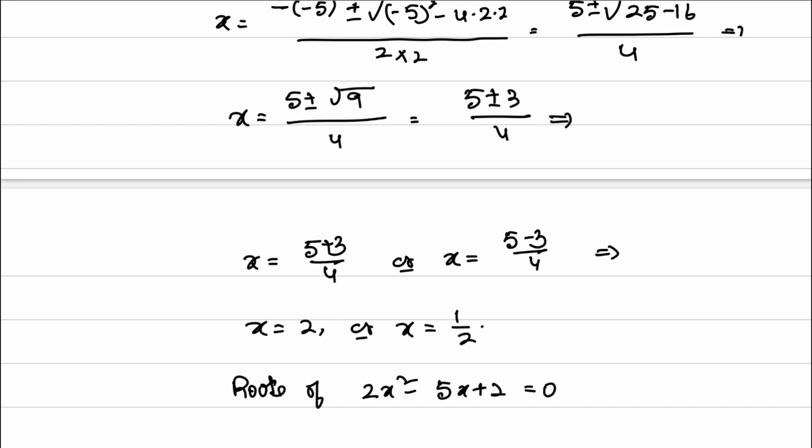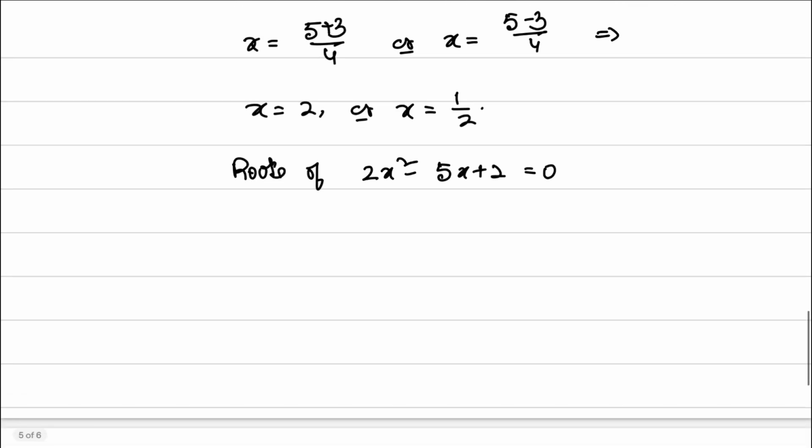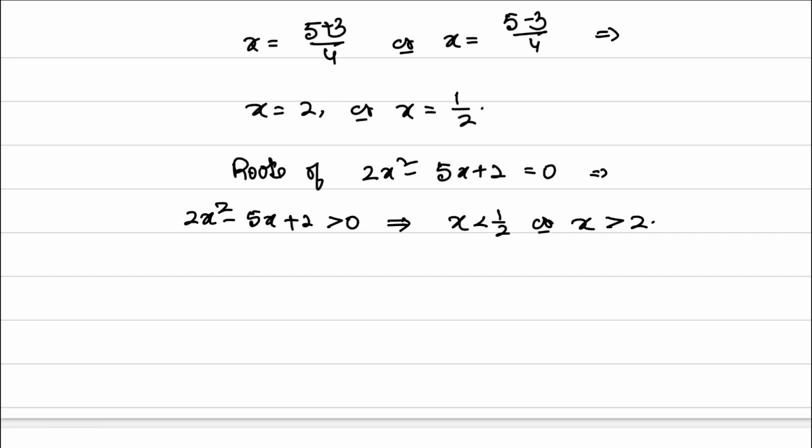For this particular equation 2x square minus 5x plus 2 to be greater than 0 means x should be less than half or x should be greater than 2.